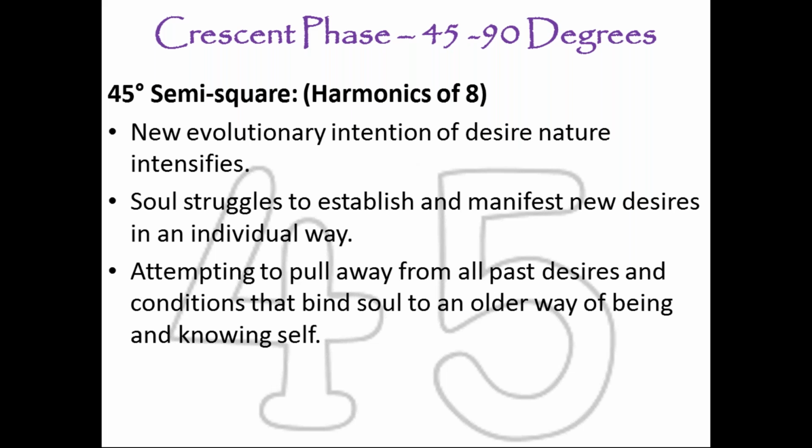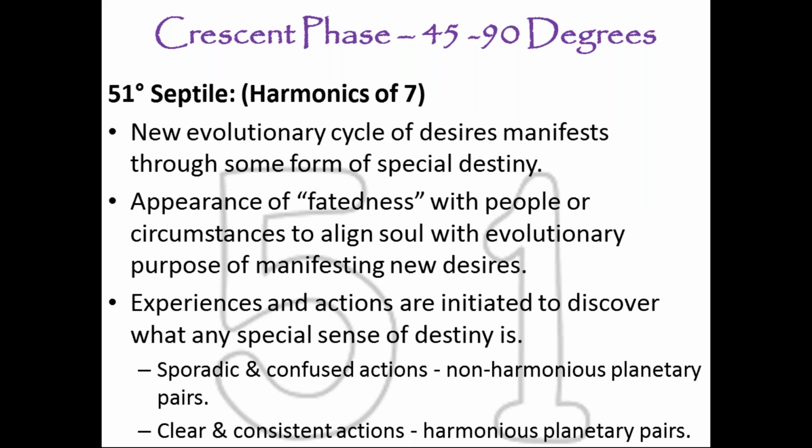So the next aspect we're going to run into is the septile. When you see harmonics of a number on your screen, it is taking the 360 degrees and dividing it by that number. 360 divided by 7 equals 51. That's where you get the septile, biseptile, triseptile, etc.